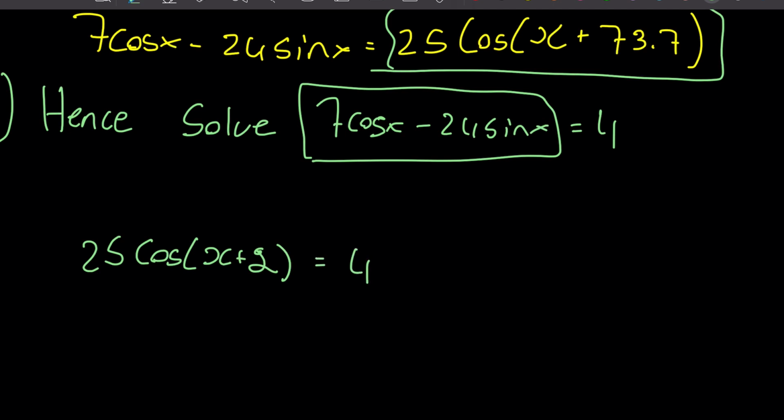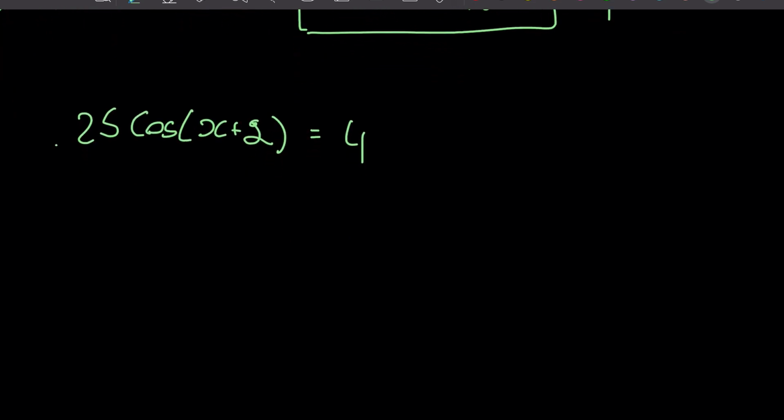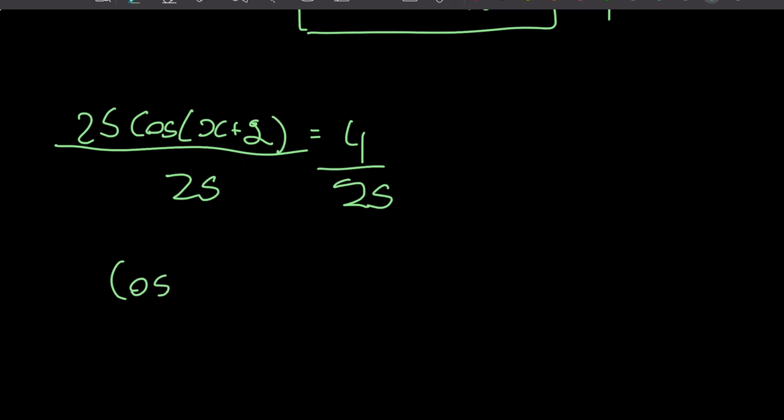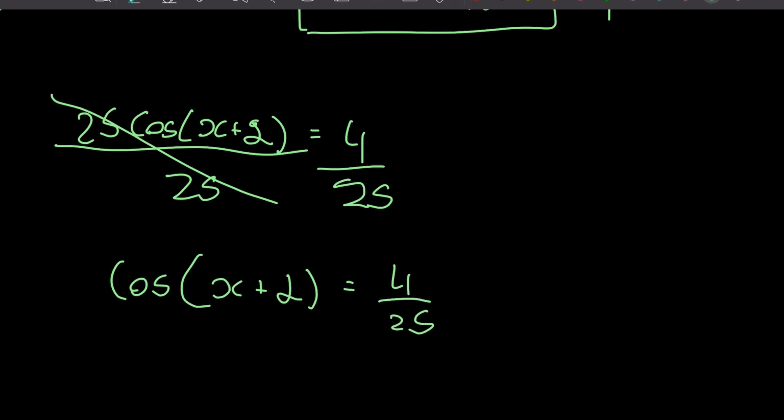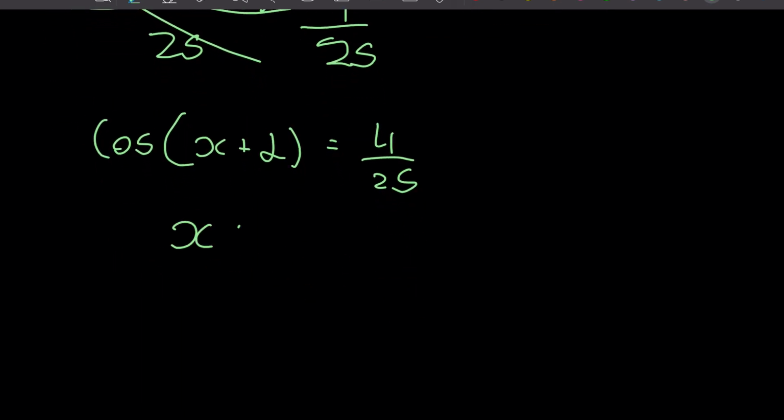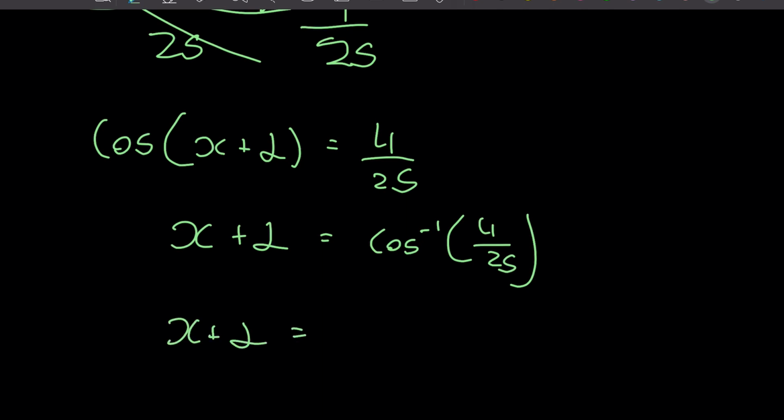Okay, now solving for cos of x plus alpha, we just have to divide both sides by 25. So these things cancel out, cos of x plus alpha is equal to 4 over 25. That means x plus alpha is equal to cos inverse of 4 over 25. And if you put this into your calculator, shift cos of 4 over 25, you get that x plus alpha is equal to 80.8.